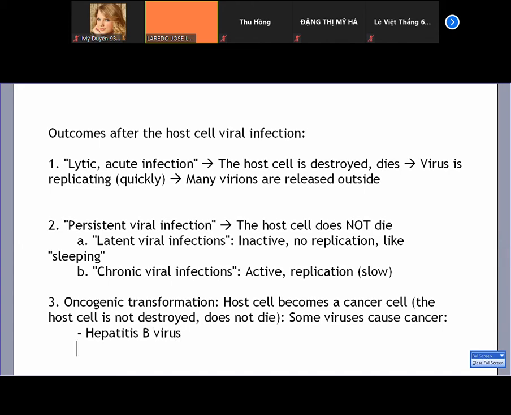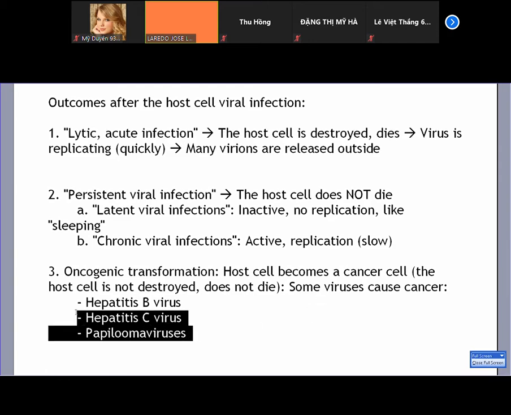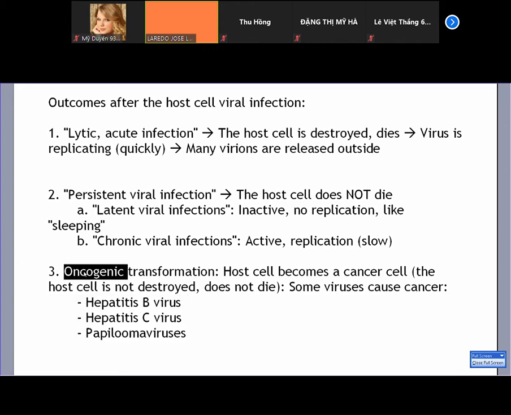Hepatitis B virus. Hepatitis C virus, also important in Vietnam. And papilloma viruses. These 3 viruses are the most important oncogenic viruses. The most important, but not the only ones. We have a lot. So this is oncogenic transformation.